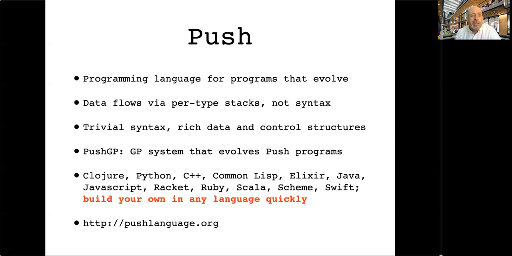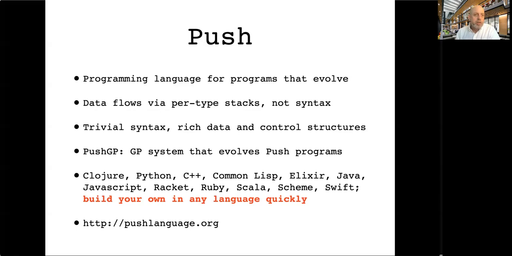Once you can implement stacks and a few other basic things, it's pretty easy to put together a simple Push interpreter. And on top of that, you can then build whatever program evolution system you prefer.